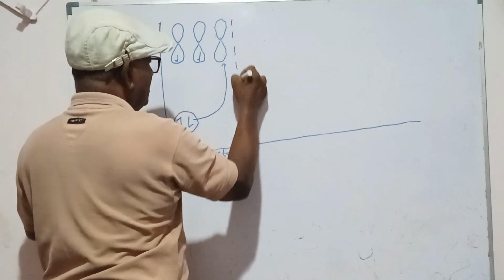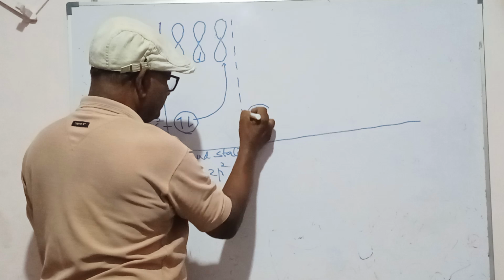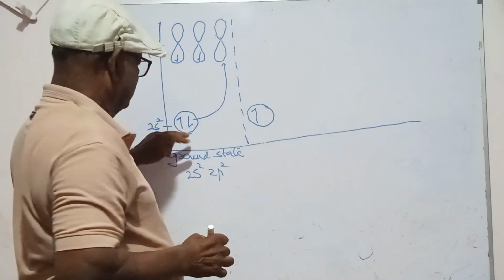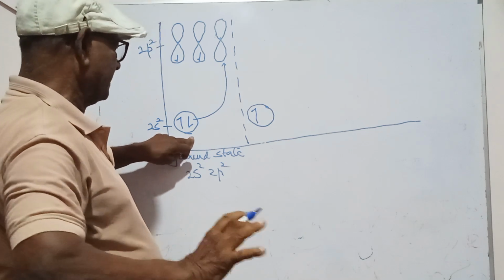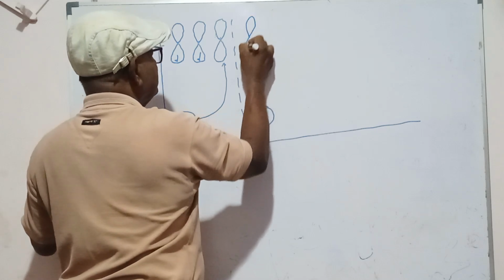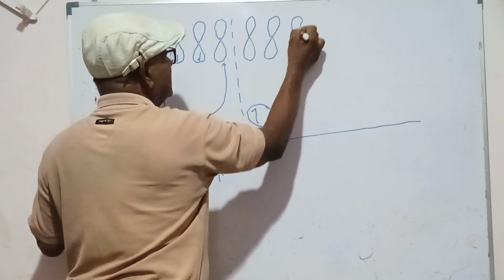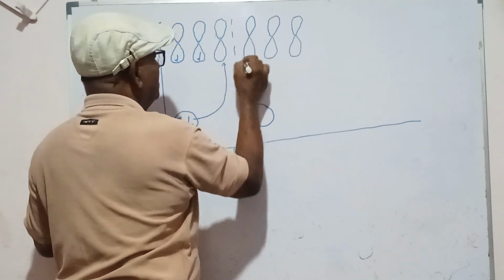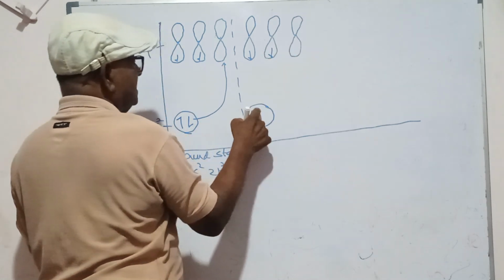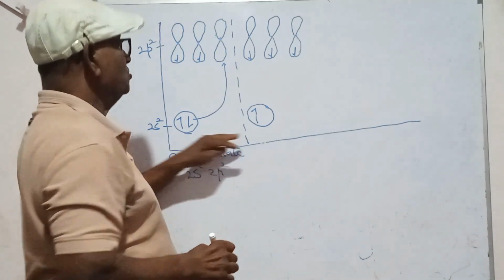So this can be represented as one electron here. Nothing else has changed. Then, these are the three dumbbell shaped orbitals. These are the initial two electrons, and this is the electron that came from 2s.